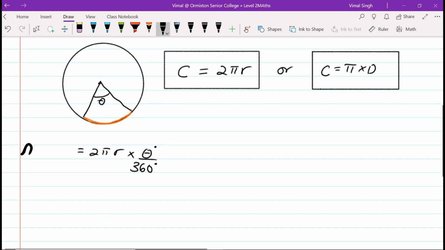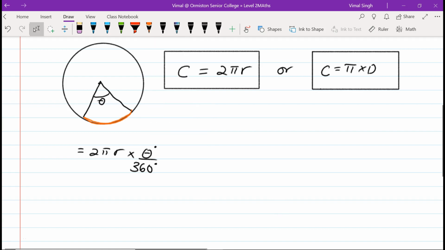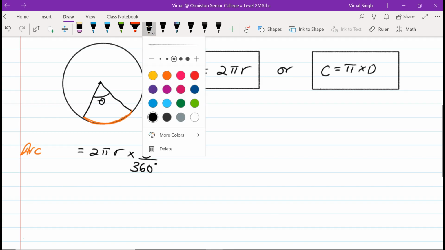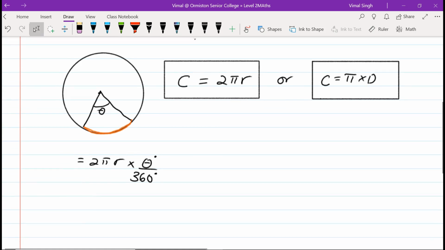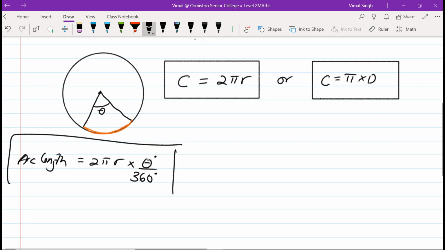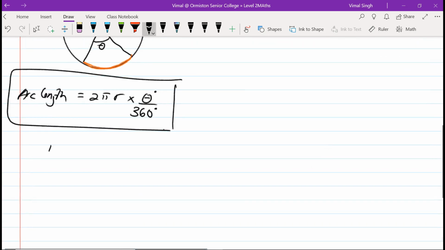Okay, let's try this now. Different color pen. So arc length is given by that rule over here. Now let's just do one example very quickly.